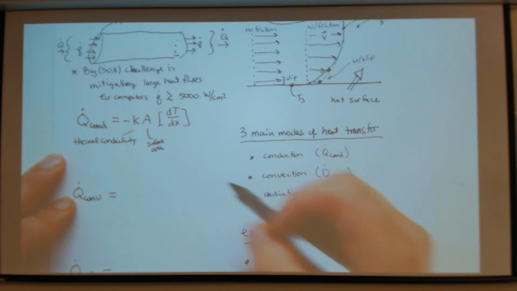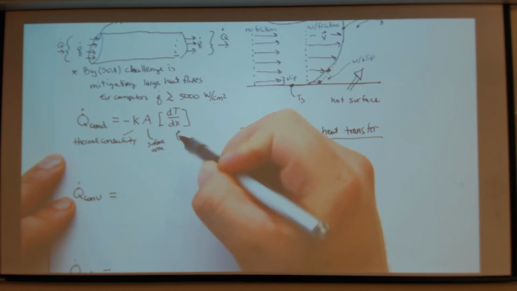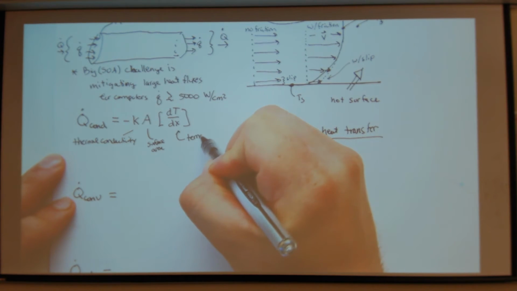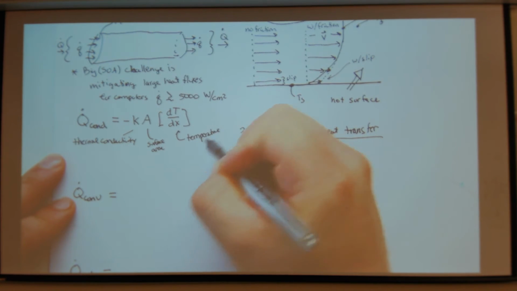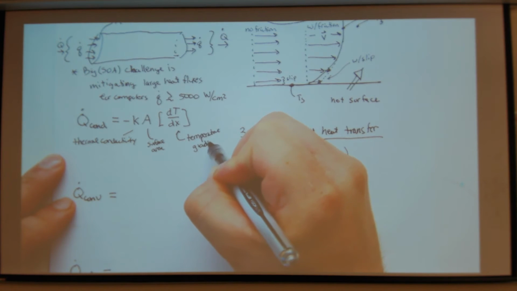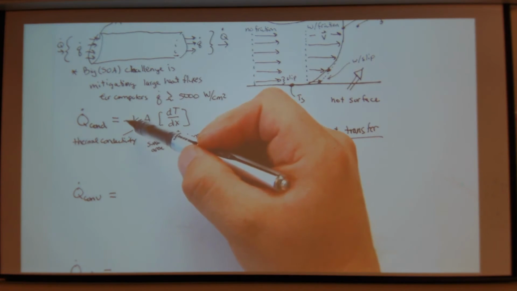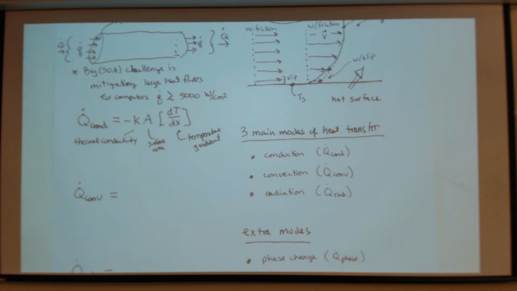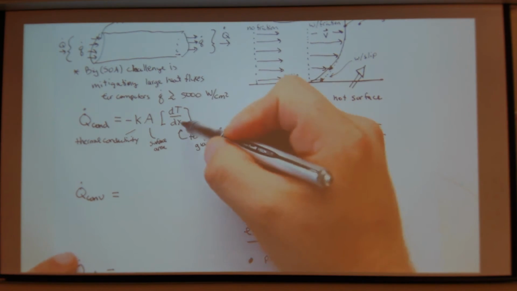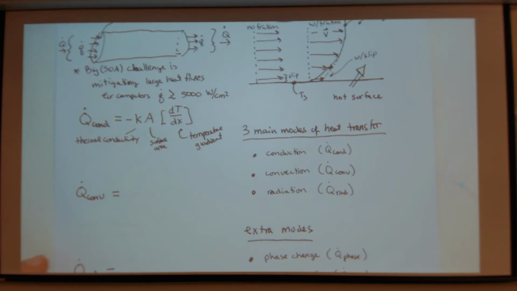And this right here is my temperature gradient. The minus sign here makes this positive when the temperature further away is larger. If the temperature further away is larger, then the heat's coming back at you, right? So temperature gradient, minus sign, have it like that.